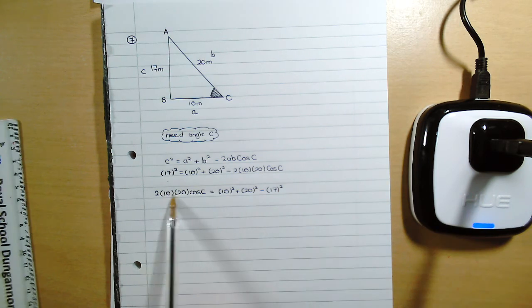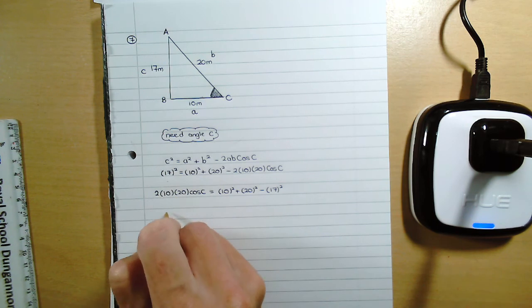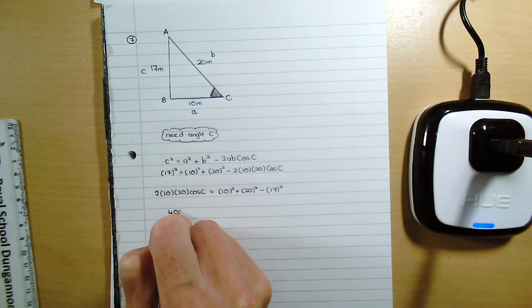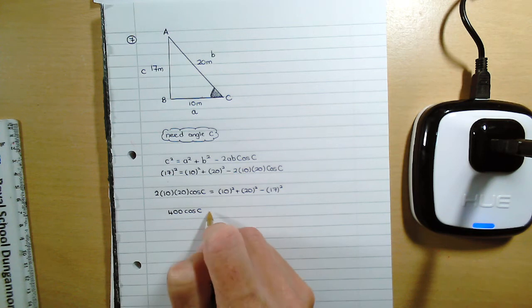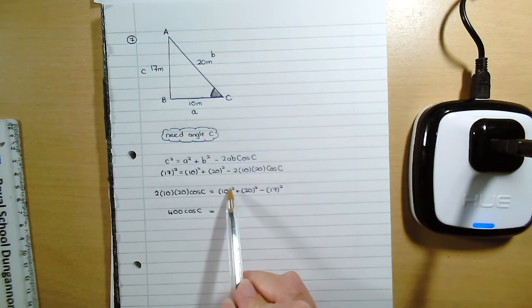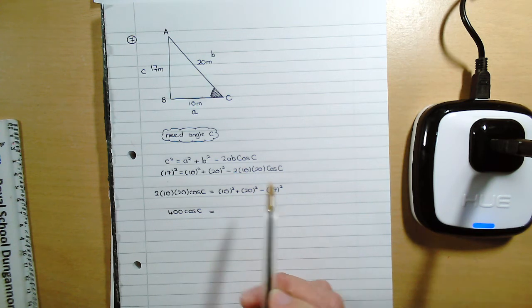Okay, we're then going to multiply these numbers together, so this is going to give us the coefficient of cos c. So 2 multiplied by 10 is 20, 20 multiplied by 20 is going to be 400. So we've got 400 cos c, and then type all of this into our calculator here.